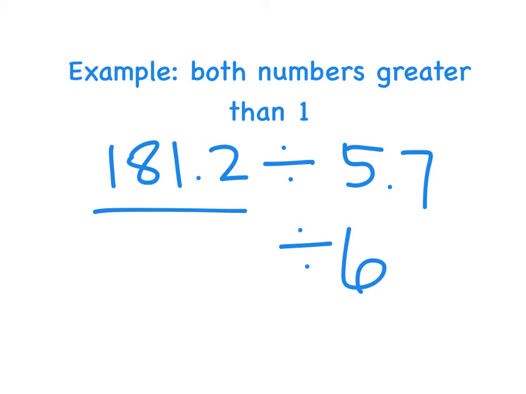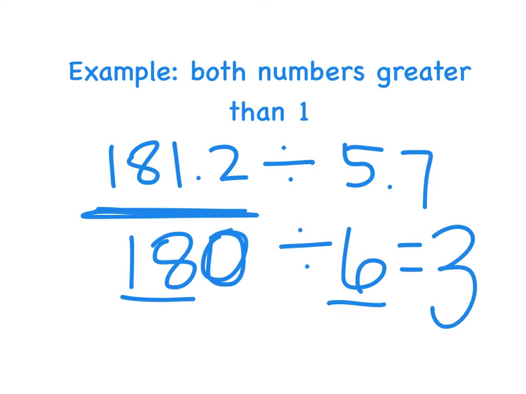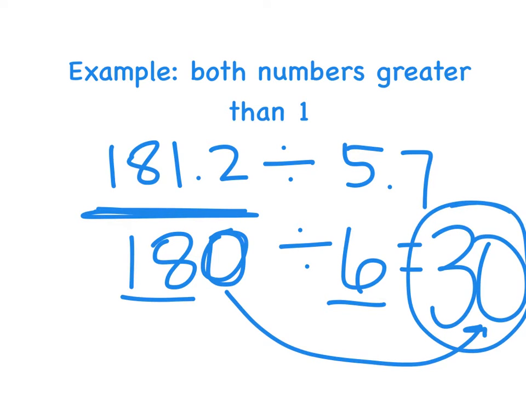I know that 6 goes into 18, so if I were to do 18 with a 0 at the end, 180, it would be evenly divisible. So when you have bigger numbers, try and think of a smaller multiple and see if you can put a 0 on it. So now I can divide 18 divided by 6, which is 3, and bring my 0 over to get my estimate of 30.